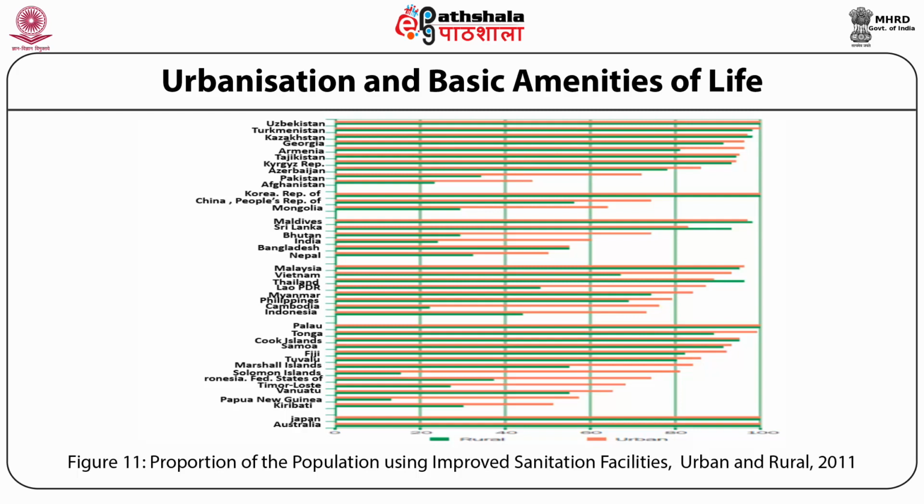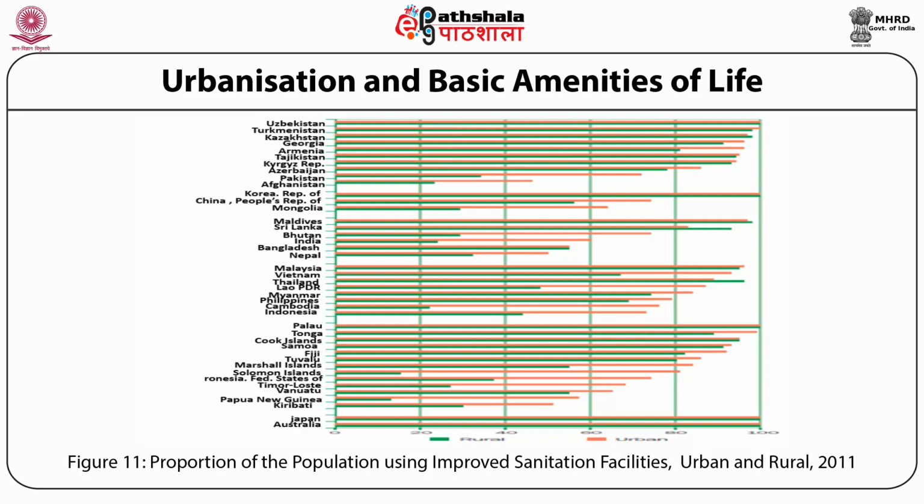In developing countries, the proportion of people with access to improved water source rose from 70% in 1990 to 87% in 2012. All these improvements have actually been possible due to improvements in these facilities in urban areas.